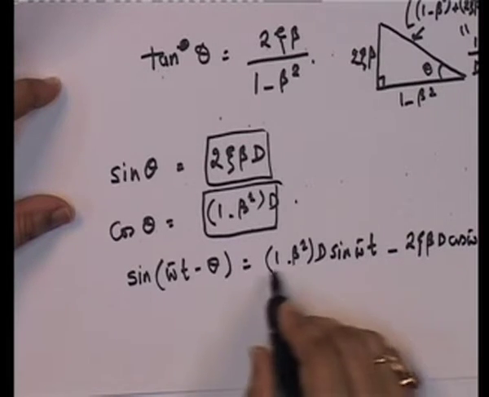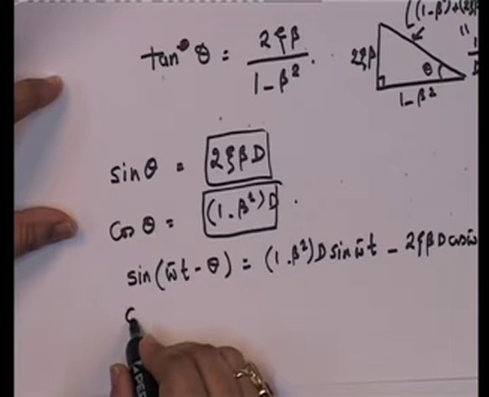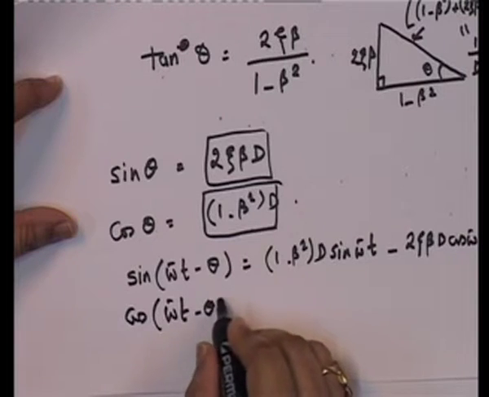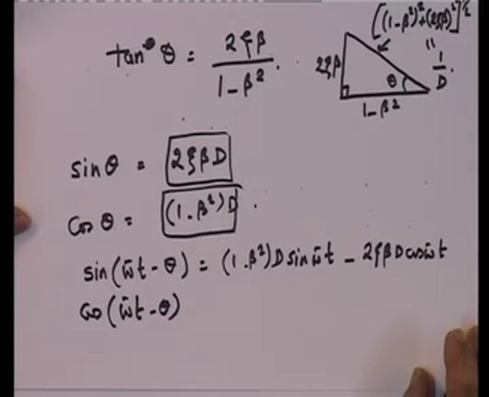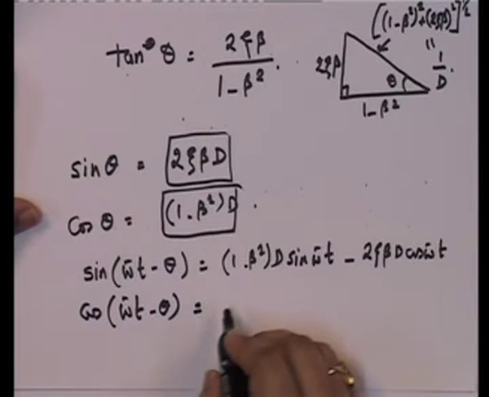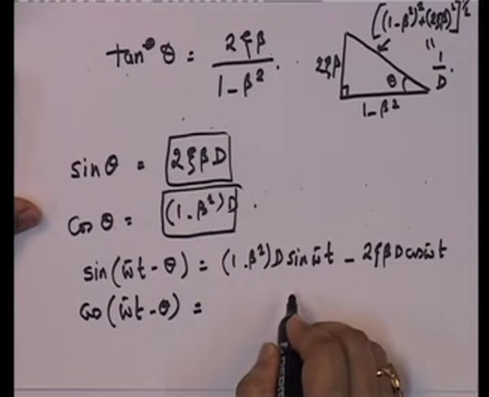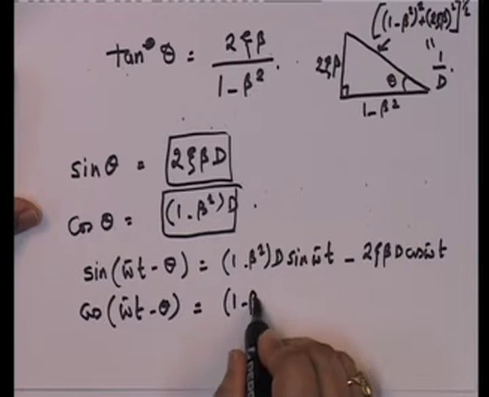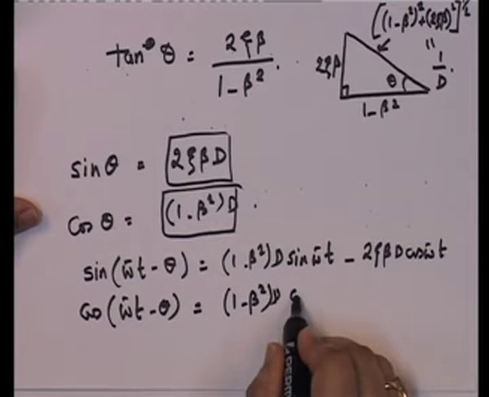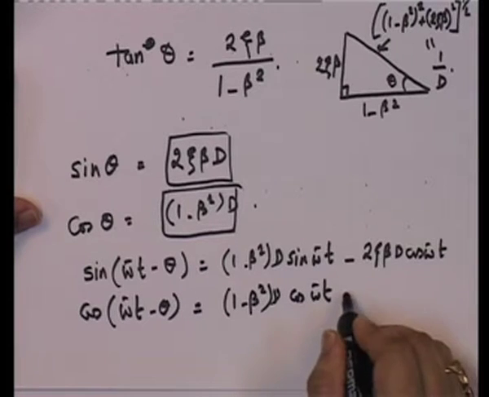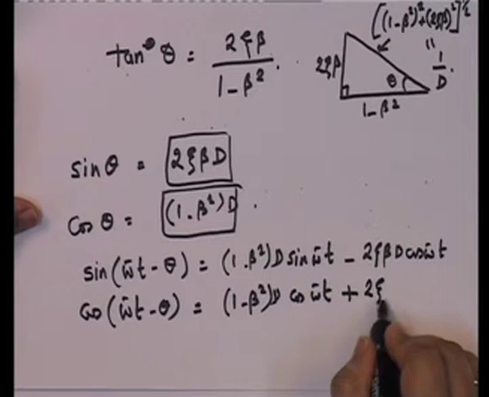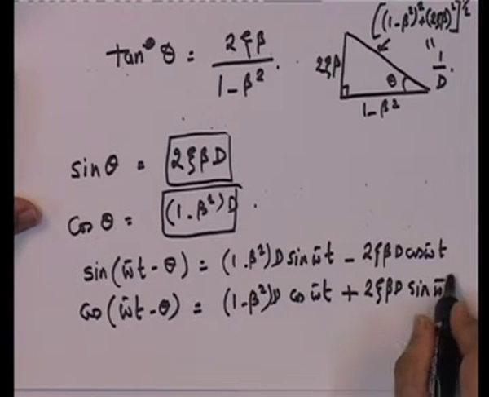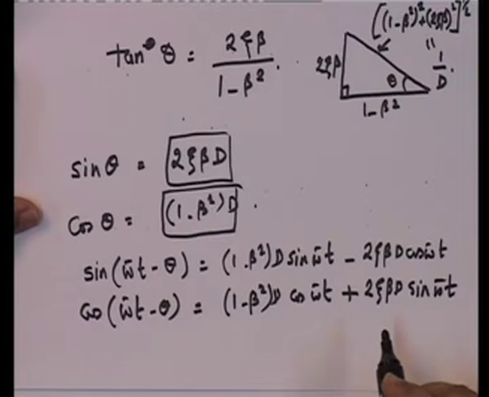This is sine theta, this is cosine theta, and cosine omega bar t minus theta is equal to cosine omega bar t into cosine theta, so that is 1 minus beta squared d cosine omega bar t plus 2 xi beta d into sine omega bar t. Okay?